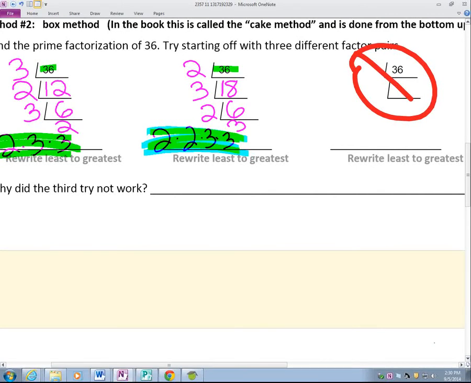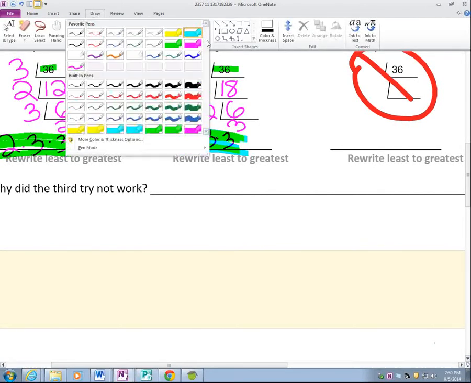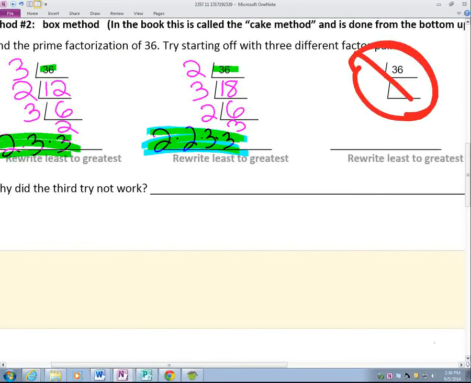So yep, you put like a no sign. Why did the third try not work? It's because there are only 2 prime numbers in the factorization of 36. So there are only 2 methods of doing it. That's it.